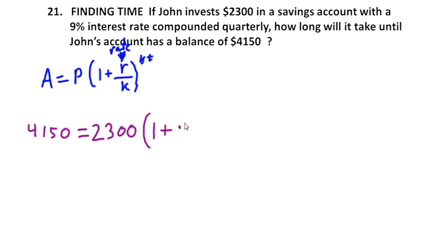That's going to be 0.09 over, we're saying quarterly, so our K is equal to 4. For quarterly, that's how many times per year.